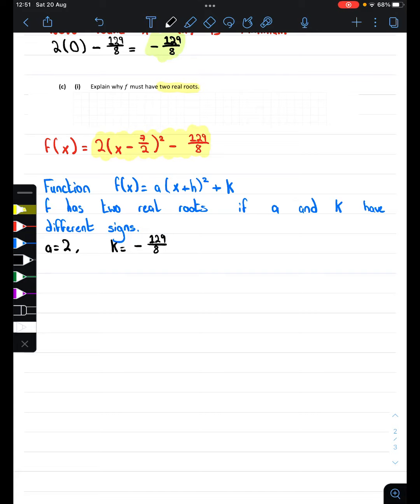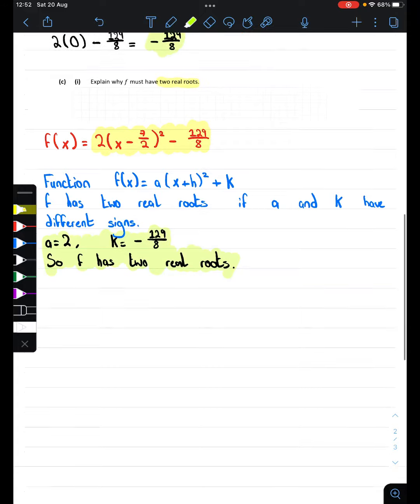So f has 2 roots, 2 real roots. So this is actually all you would need to say. Give the explanation that if a and k are different signs, then the function has 2 real roots.